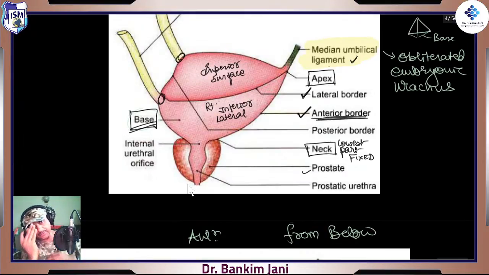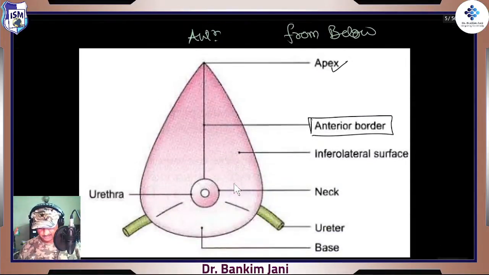So when we are watching from below, that's the border which we really see. On both sides of the anterior border, this would be the inferolateral surface, correct? This one and this one, that would be the inferolateral surface. And that's the neck, and from the neck the urethra is coming out, and these are the ureters, and the posterior portion is the base, right?